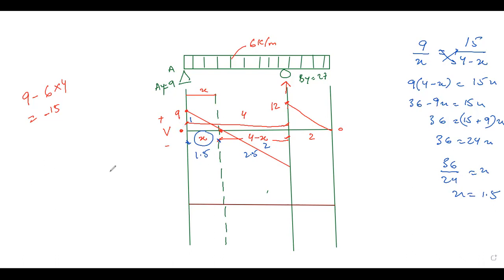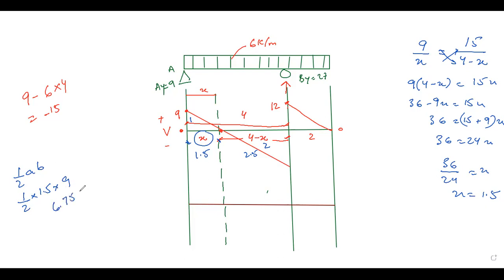The area under the shear force diagram is half A B. Because it is a triangle, half, A is 1.5, B is 9. So it will be 0.5 into 1.5 into 9, which is 6.75.